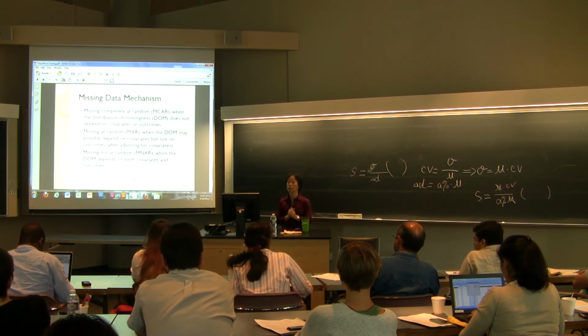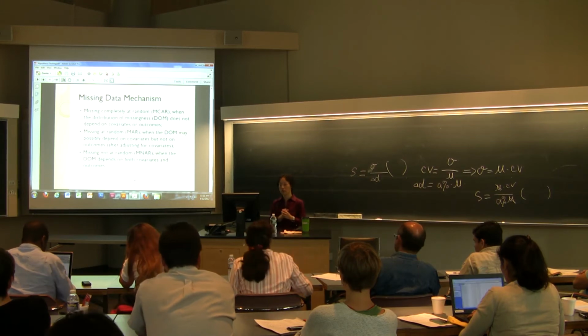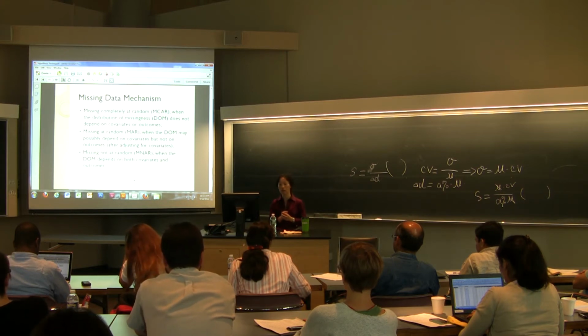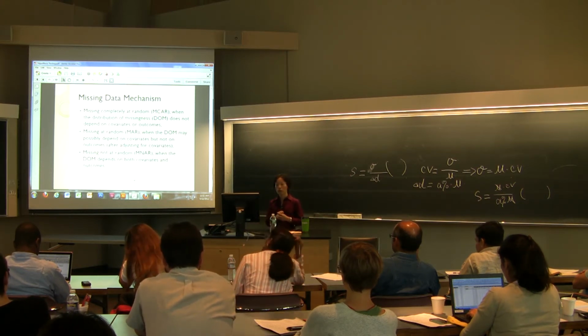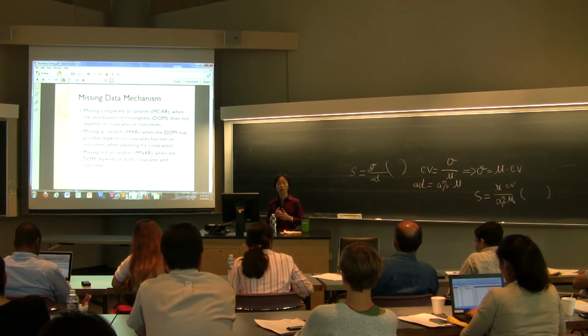Another type of problem is missing data. We have different types of missing data mechanisms. For example, missing completely at random is when the distribution of missingness doesn't depend on either covariates or outcome. Missing at random is when the distribution of missingness may depend on covariates but not on outcomes.